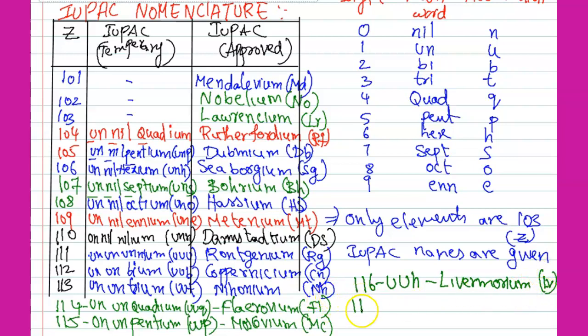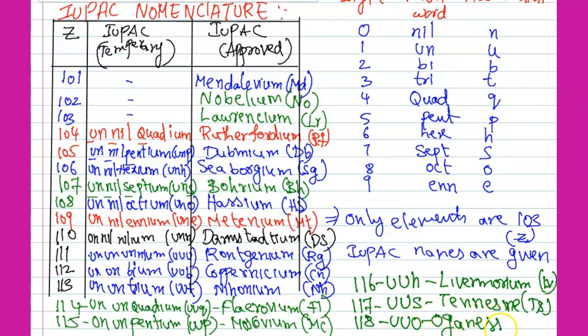Next 117, unseptium. Its name is Tennessine, Ts. Next 118 means unoctium. Its name is Oganesson, Og, students.